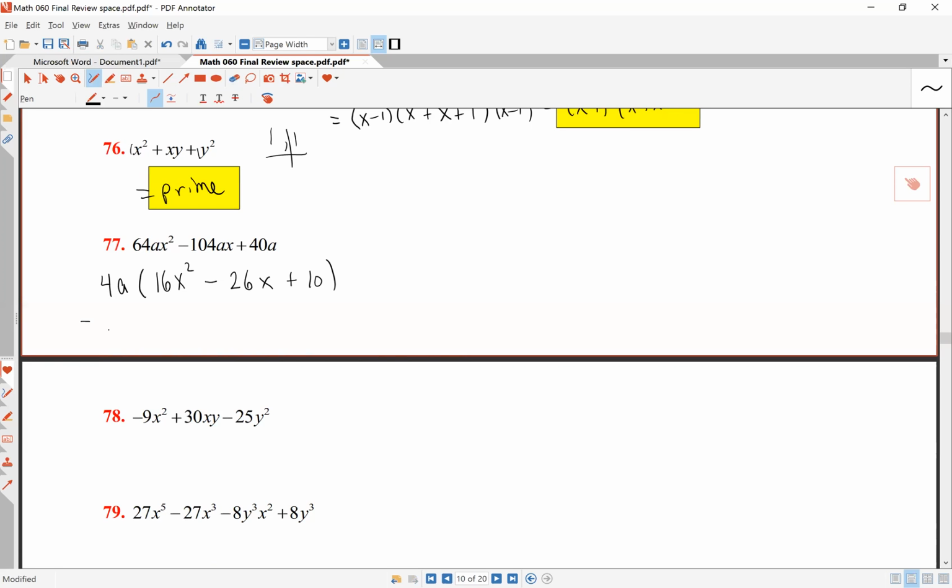And now I see I was really supposed to take out 8, because these are all even. So that leaves me with 8x squared minus 13x plus 5.